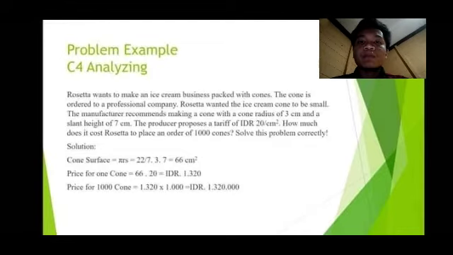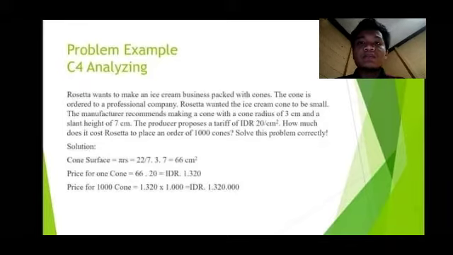Next, problem example C4, analyzing. Rosetta wants to make an ice cream business packed with cones. The cones are ordered from a professional company. Rosetta wants the ice cream cone to be small. The manufacturer recommended making a cone with a radius of 3 cm and a slant height of 7 cm.